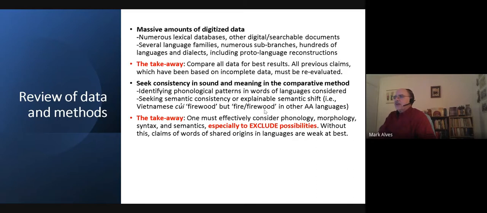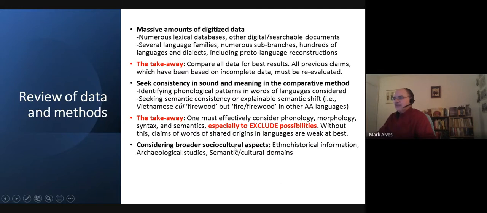The takeaway: one must effectively consider phonology, morphology, syntax, and semantics, especially to exclude possibilities. Don't try to include, try to exclude, because then you know that your data will be better after you exclude. Without this, claims of words of shared origin in languages are weak at best. If we don't do this, people making claims, they're not very good claims.